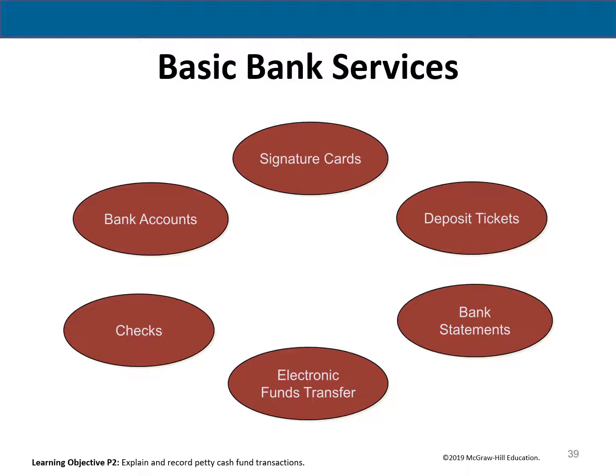Checks, we talked about that already. They're a written record. Signatures are required on them. Dollar amounts are written down. And electronic funds transfer. Then you don't even have a physical deposit slip or a check that can be taken or modified or altered at all. You have money being transferred electronically between accounts. And then bank statements, which are a huge internal control, one we're going to be looking at.